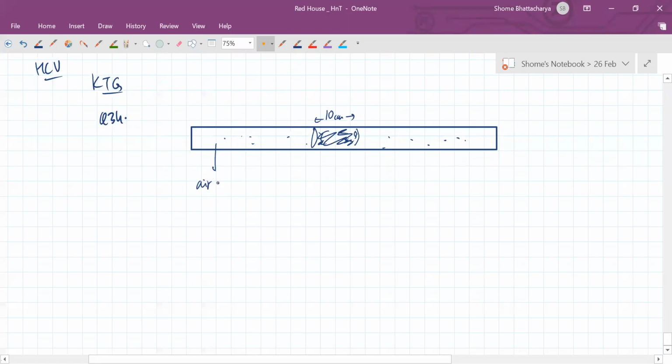And both the sides had air at a pressure of 1 atmosphere and a temperature of 27 degrees C on each side, 300 Kelvin.